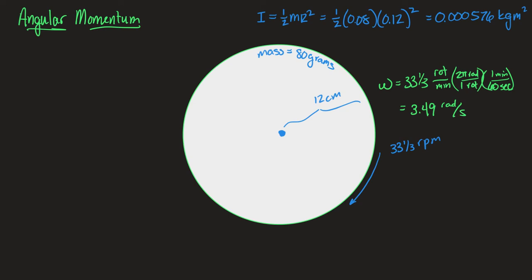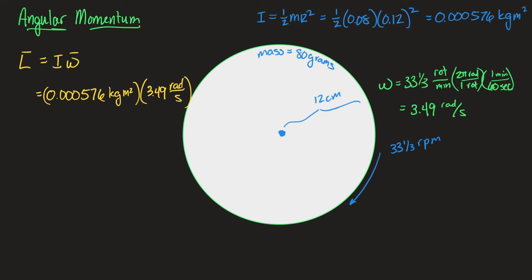All right. So bringing all those pieces together, the angular momentum is equal to I times omega. The I is going to be 0.000576 kilograms meters squared times 3.49 radians per second.